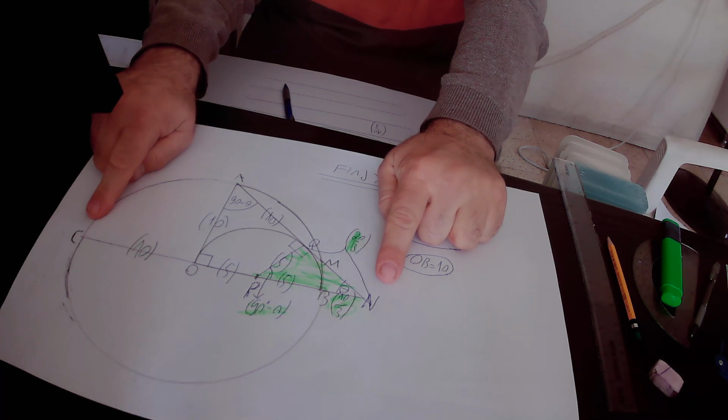Again, CN in total equals CO, that is 10, plus OP, that is 5, plus PB, that is also 5. So 10 plus 5 plus 5 is 20, plus BN, that is 10 over 3. So in total, CN equals 20 plus 10 over 3.